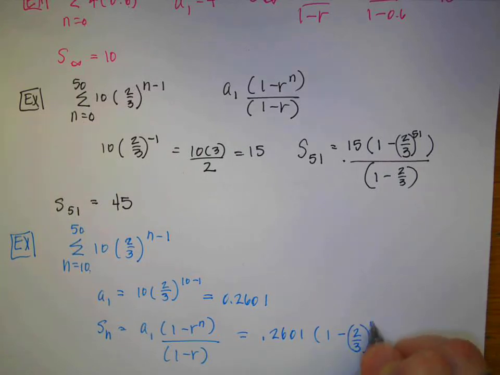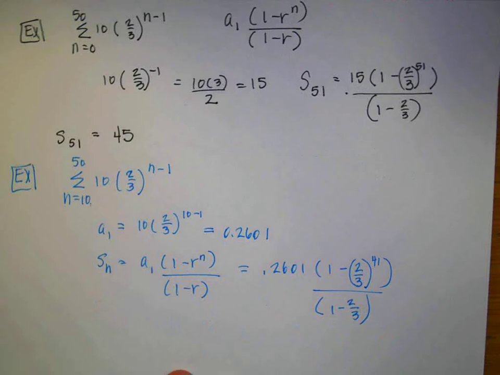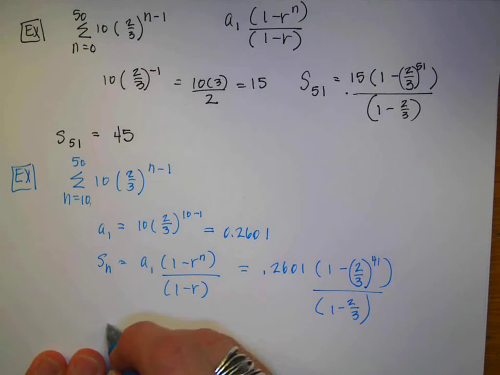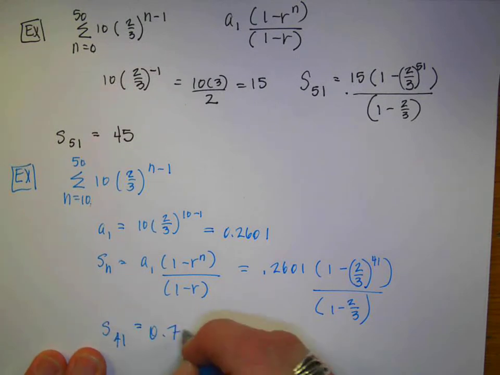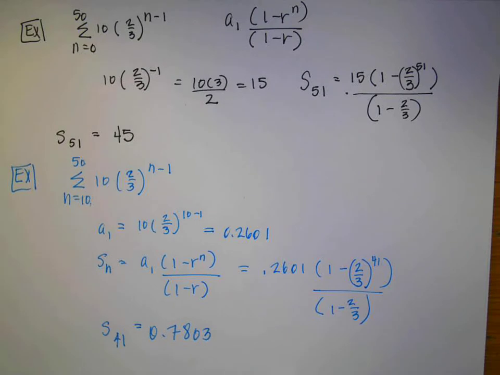I am summing 41 terms, so this is 0.2601 times 1 minus (2/3) raised to the 41, over 1 minus 2/3. And then I can do that handy dandy math in my grapher, and I would get that my 41st sum is 0.7803.